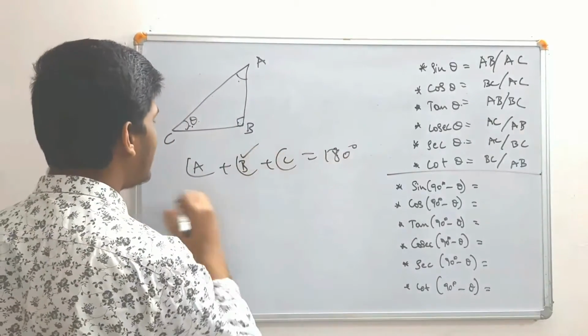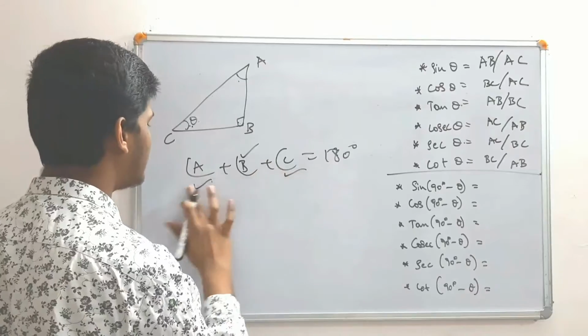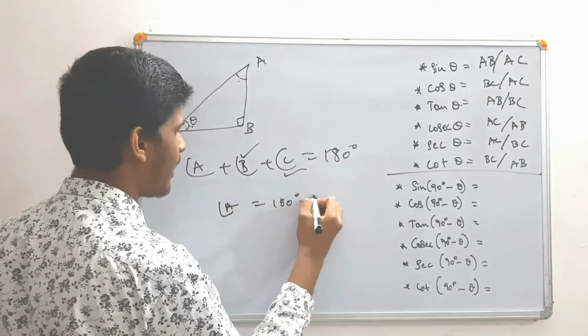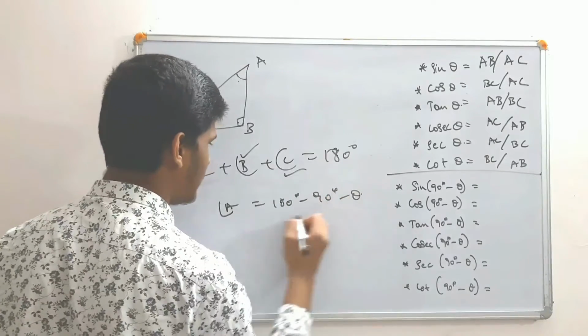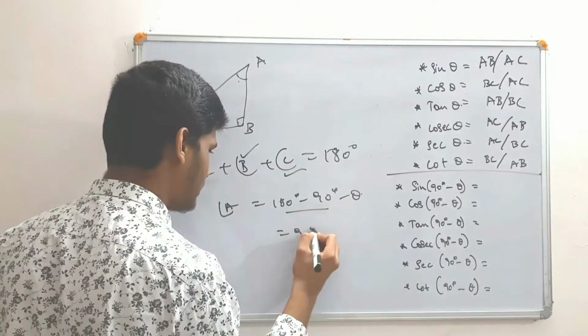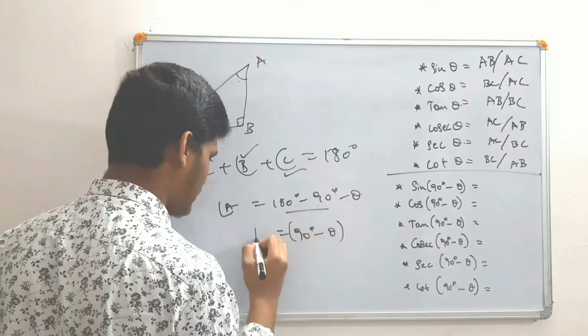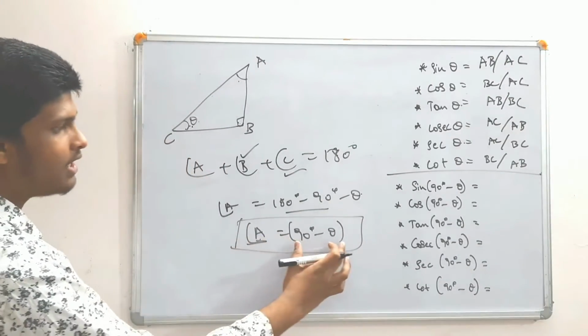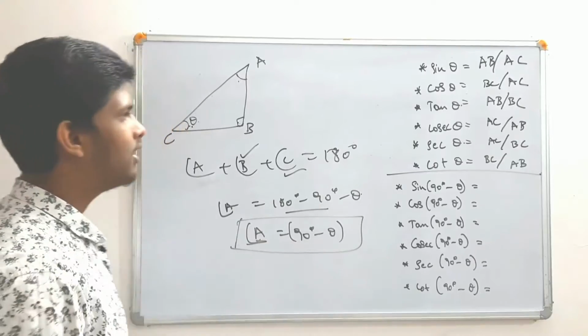So this one is 90 and this one is theta. So angle A is 180 degrees minus 90 degrees minus theta, so angle A is 90 minus theta.